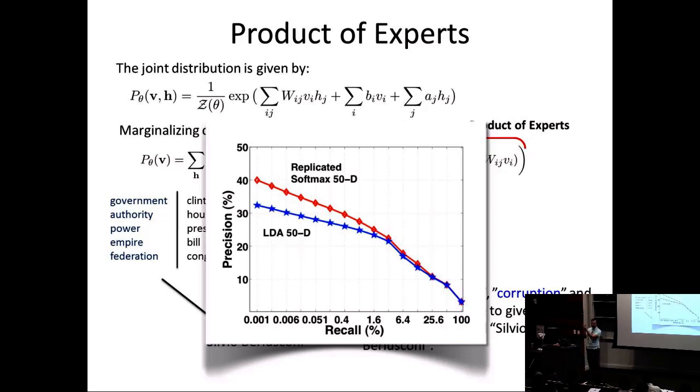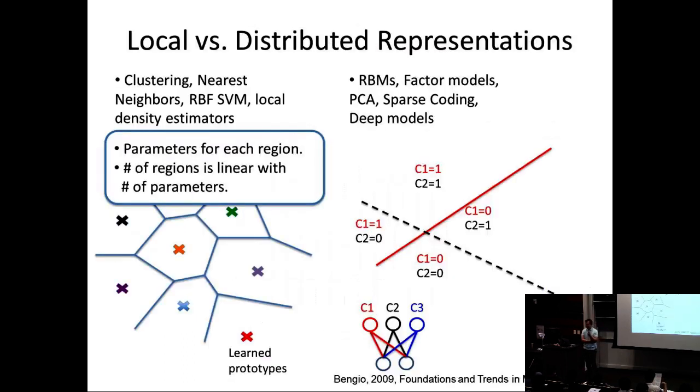So if I want to find the closest article, or if I want to find something that's relevant to a particular document, if I want to find the closest documents, these models work much better. Okay? And this again comes to the problem, as we've seen before, of local versus distributed representations. In local representations, like a mixture of Gaussians, right, or nearest neighbors, you divide your space into these subspaces, and for each subspace or for each partition, you have your prototype, right?